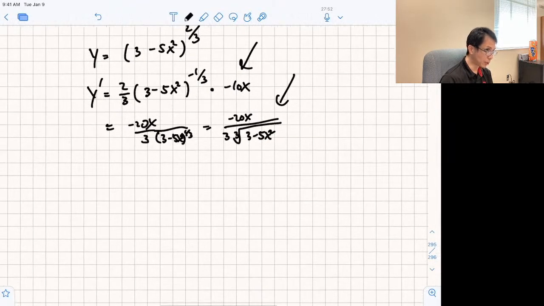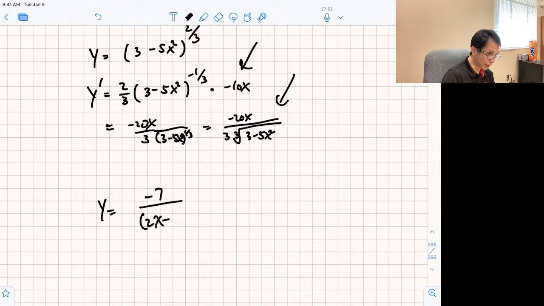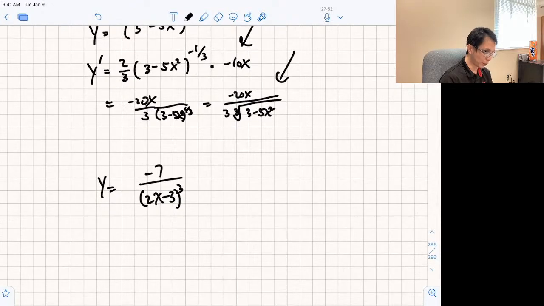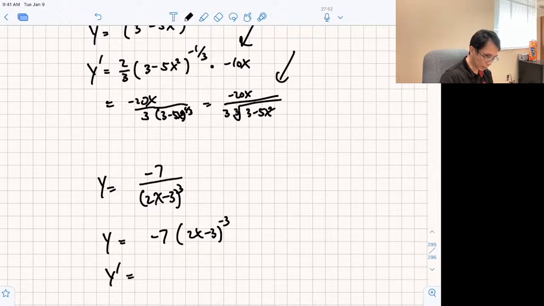Can I go over one more question very quickly? Let's say y equals negative 7 over 2x minus 3 to the third power. Remember, constant on the top, avoid quotient rule. So how do I avoid quotient rule? Can I change that to negative 7 times 2x minus 3 to the negative 3? Now I'll take a derivative. So it's negative 7 times negative 3 times 2x minus 3 to the negative 4.